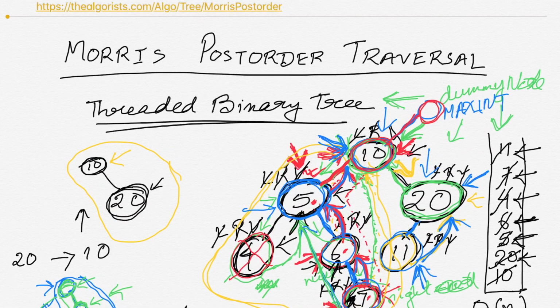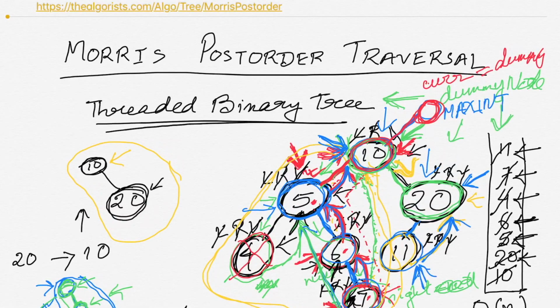When we write the code, we will actually create this dummy node at the very beginning, after of course doing the null check of the given node. And we will make the root the left child of this dummy node, and we will start the whole processing from the dummy node. So our current will actually start from the dummy node. Since the given node with value 10 is the left subtree of the dummy node, it will compute the predecessor.